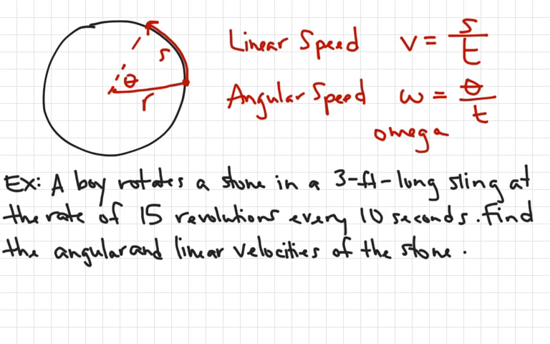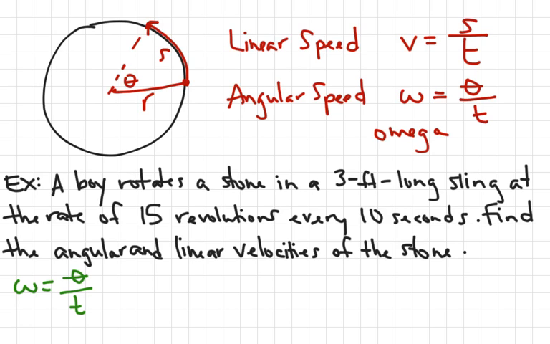And let's just start with the angular velocity. In order to find the angular velocity, we need to know the radian angle measurement that is traversed by this 15 revolutions. Well, that means it goes around 15 times in a circle every 10 seconds. Well, 15 times in a circle in radians is 15 times 2 pi, because every revolution is 2 pi radians.